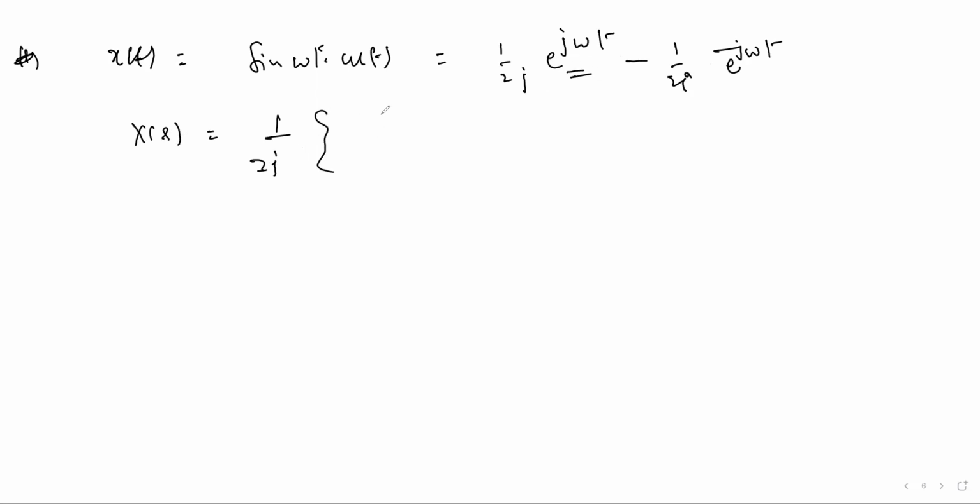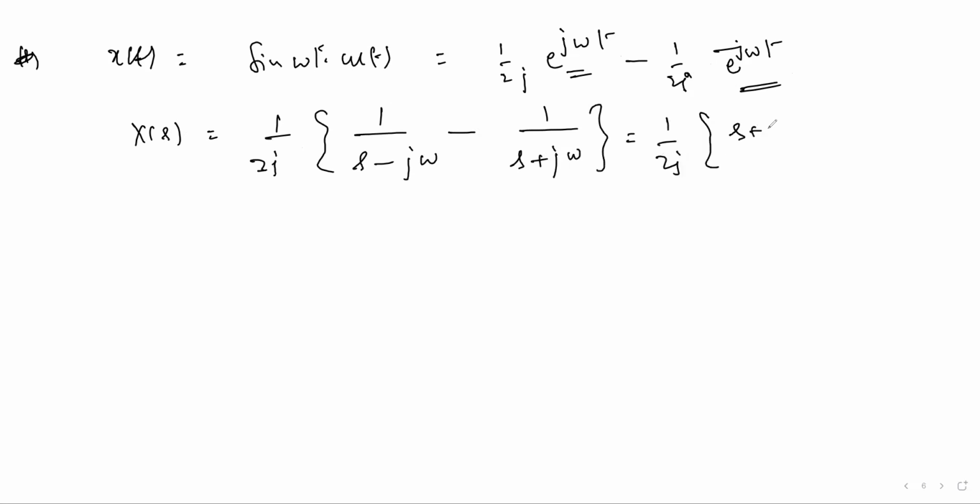This Laplace transform, we know, is 1 by s minus j omega, minus this Laplace transform 1 by s plus j omega. Further multiplication: 1 by 2j times s plus j omega minus s plus j omega, divided by s minus j omega multiplied by s plus j omega.